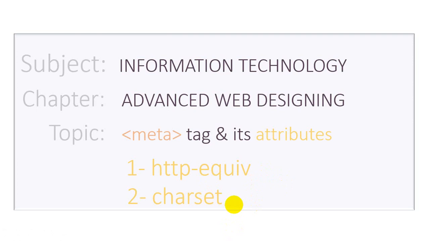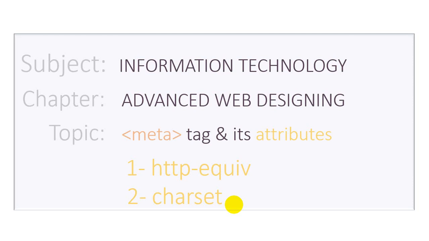If anyone writes code using Urdu or Marathi or any language, the content must be displayed according to their language. So charset is a feature which specifies which character encoding, which standard, the browser is understanding.